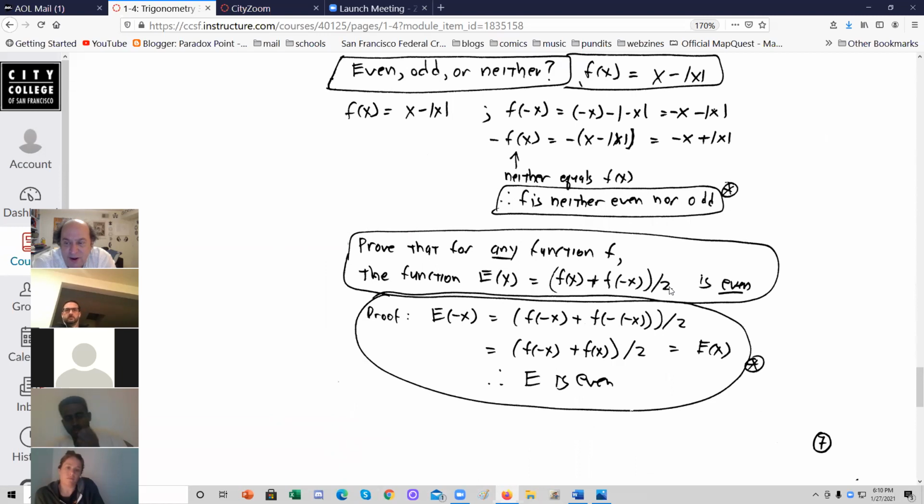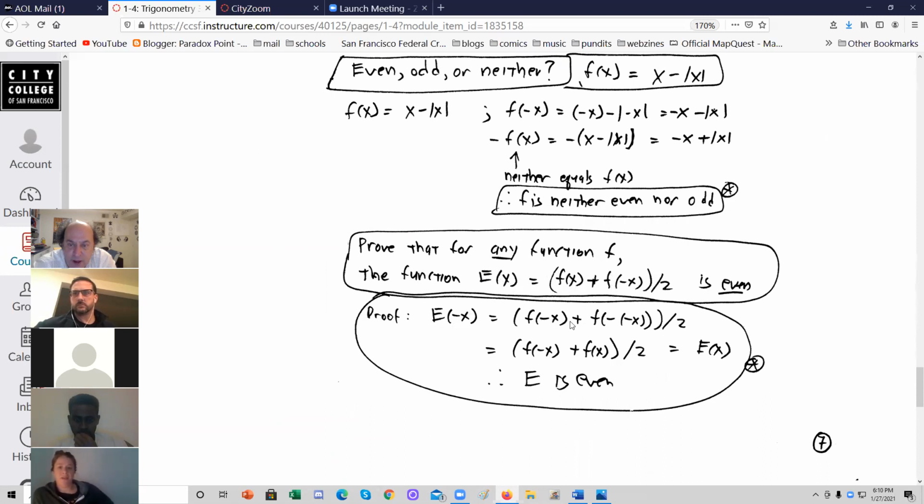Now here's a general question. Given any function whatsoever, f of x, take the function e of x equals f of x plus f of negative x over 2, the average of f of x and f of negative x. Prove that it's even. Well, simple enough. This is e of x, and e of negative x: put a negative x here and here.